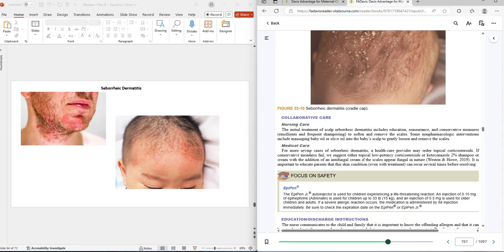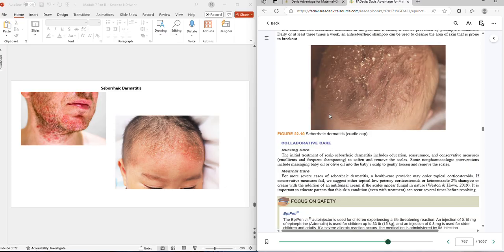Before we get to pediculosis capitis, let's talk about seborrheic dermatitis, known as cradle cap. Men can have it in their beard, too. Just a dermatitis, you need to educate them to massage in baby oil or even olive oil to remove those scaly pieces of skin and loosen that up.